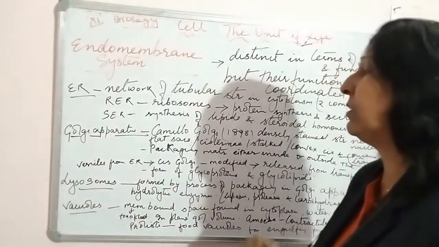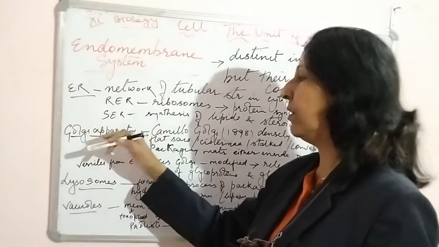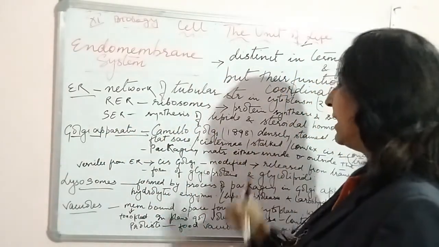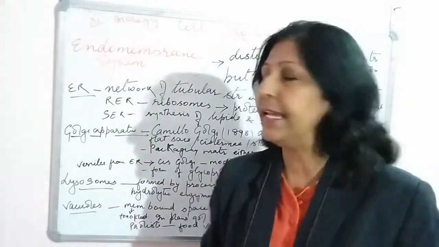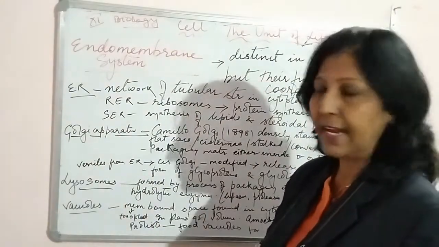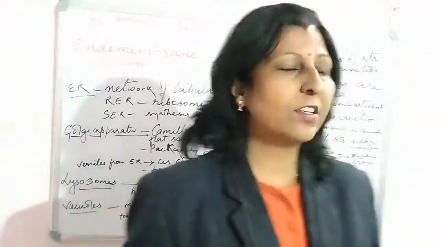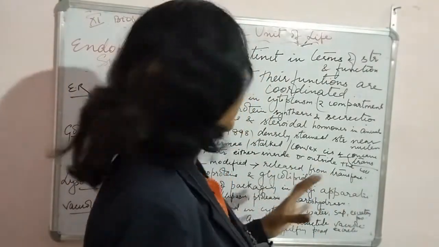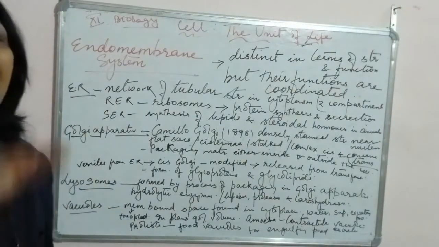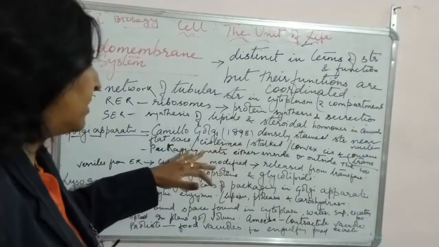Let us come to the Golgi apparatus. Camillo Golgi found it in 1898, and the name Golgi apparatus was given after the scientist. These are reticulate, densely stained structures made of flat sacs, cisternae type, and you can see two surfaces.